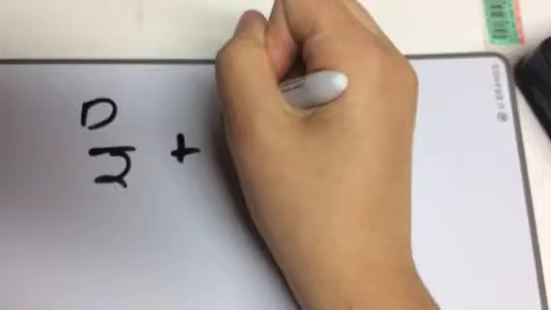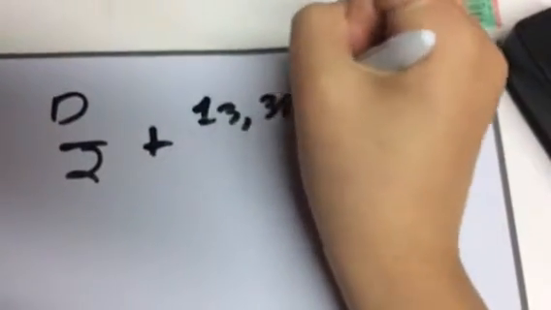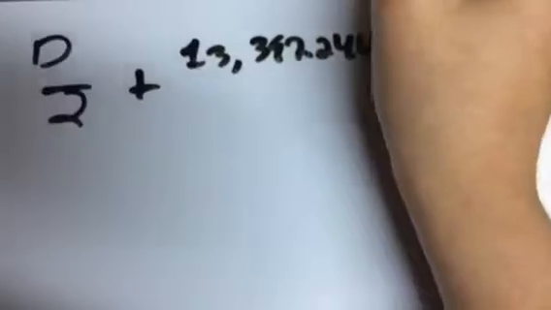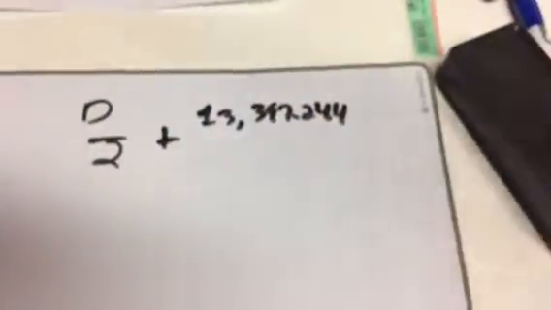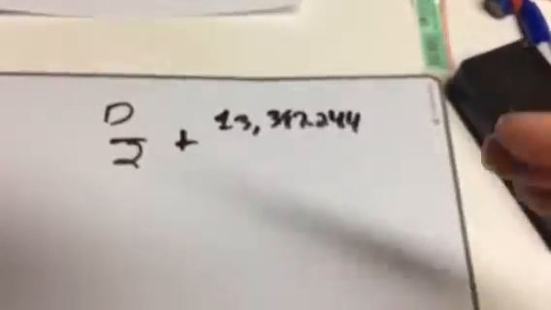So the equation I used in order to figure out the frequency of each note that I wanted to use, and to figure out the pitch for each different tube, was the diameter of the pipe over 2 plus 13,397.244, which is the constant of the speed sound travels above sea level, divided by the frequency of each note, measured in hertz, times 2.